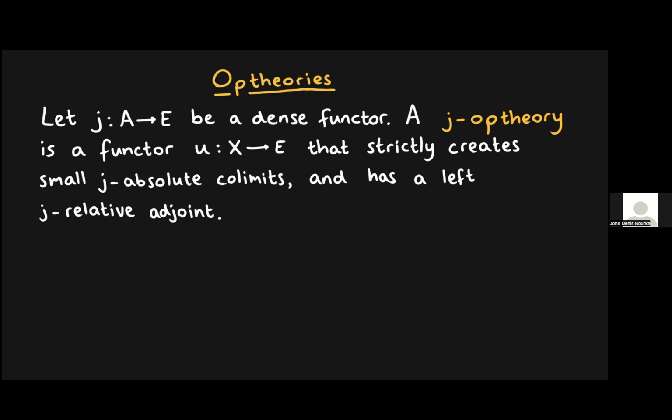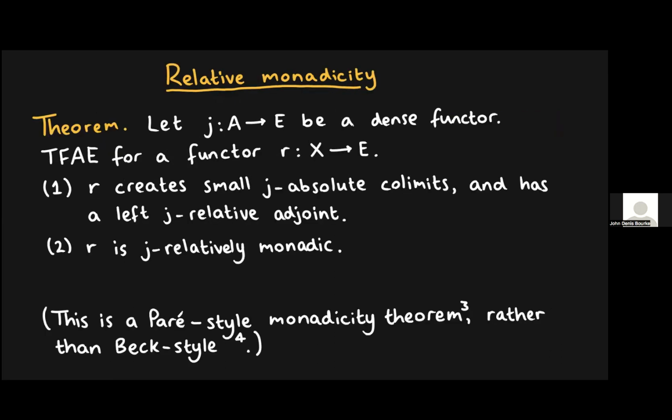Now we're going to define a notion of theory for the Eilenberg-Moore resolution, analogous to the notion of theory for a Kleisli resolution. So fixing J, a dense functor again, we're going to say that a J-op theory is a functor into E, which strictly creates small J absolute colimits and has a left J relative adjoint. Really, I'm just reading off the conditions for a functor to be relatively monadic.